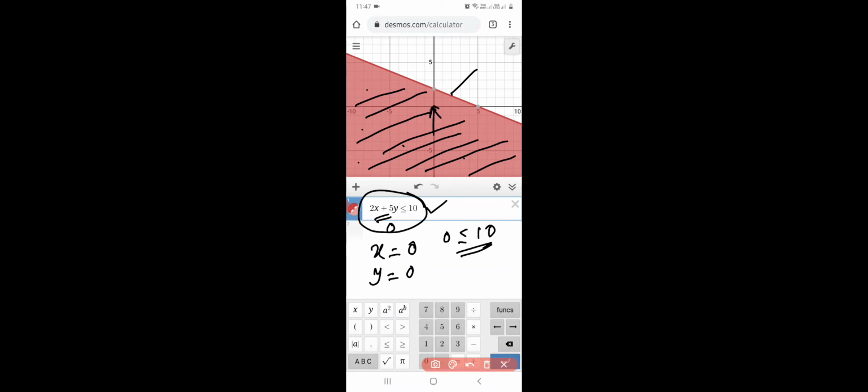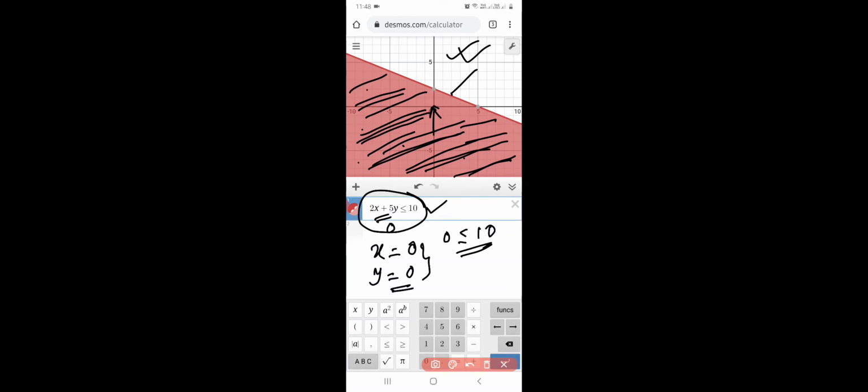It could have represented this area also, but why am I sure that it is representing this area? Because I have put the value of the origin into the inequality and checked that it satisfies, so I know that whichever side it satisfies, it is going to represent that area itself. Fine. So it is representing this whole area, right?